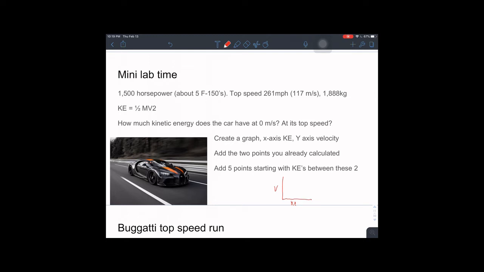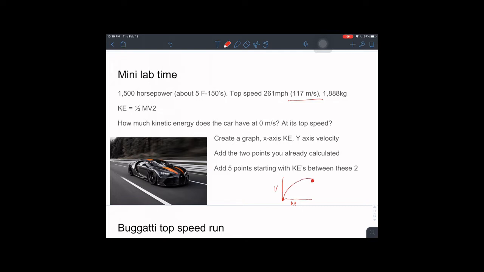If we were to calculate kinetic energy for a few points, we know when the velocity is 0, the kinetic energy is 0, as there is no motion. And we know at its top speed, it has some sort of high velocity and kinetic energy, right here, 117 meters per second.